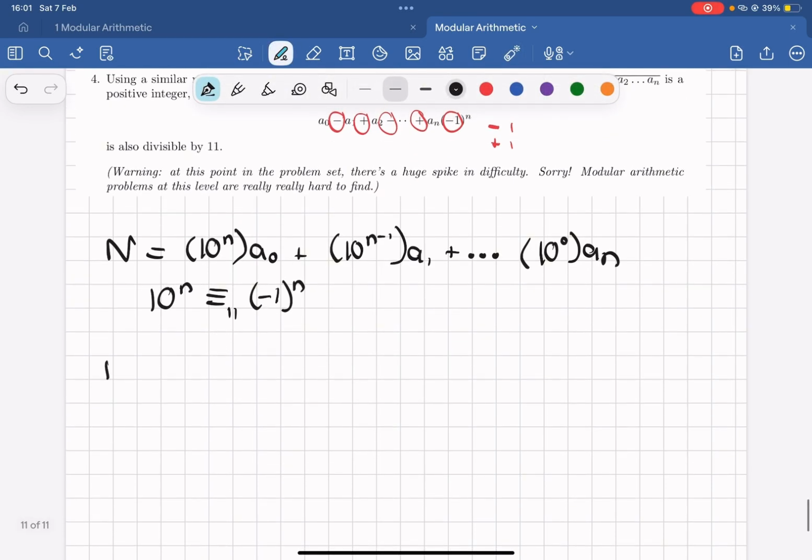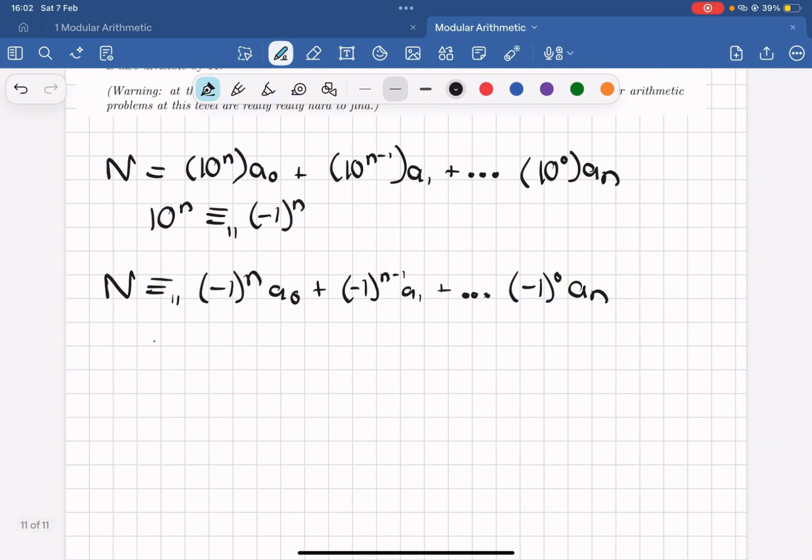So n is congruent mod 11 to minus 1 to the n times a0, plus minus 1 to the n minus 1 times a1, up until minus 1 to the 0 times an.